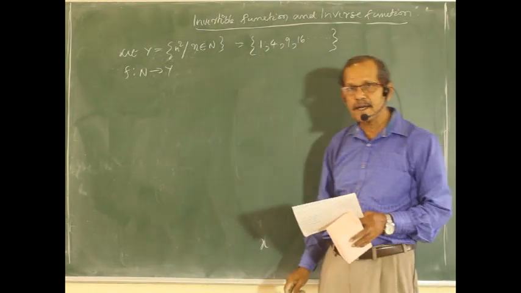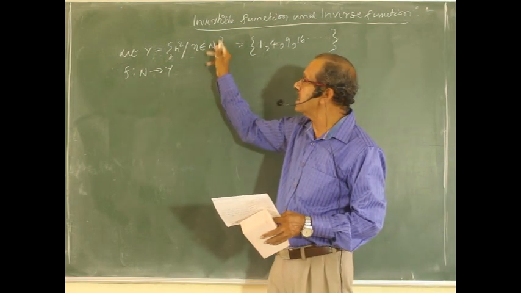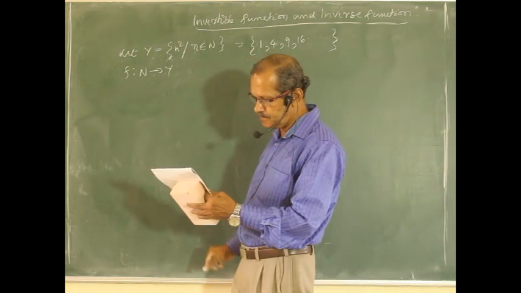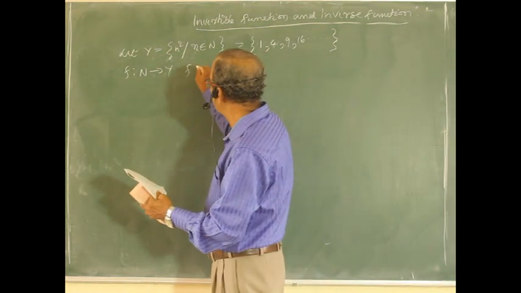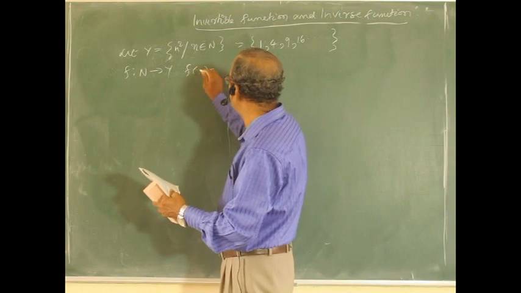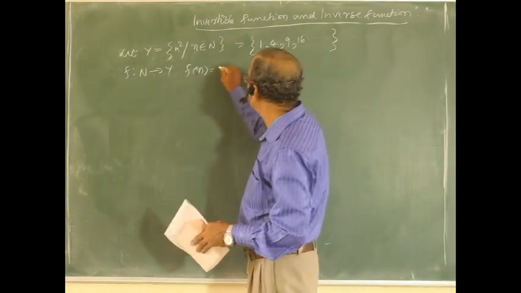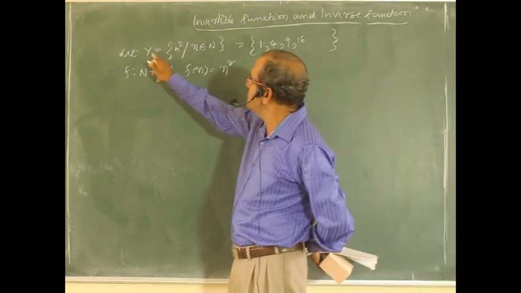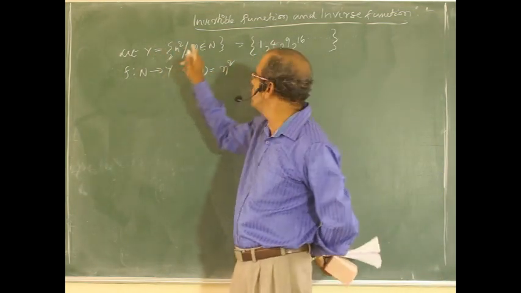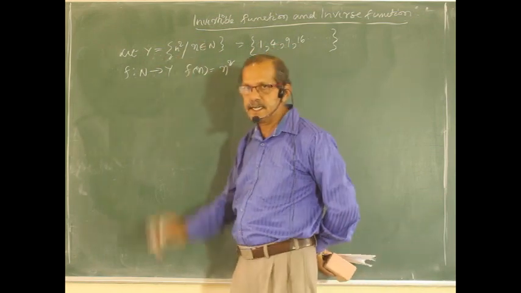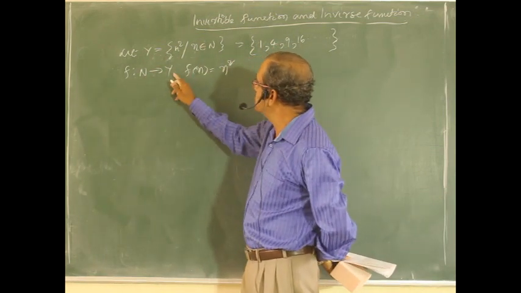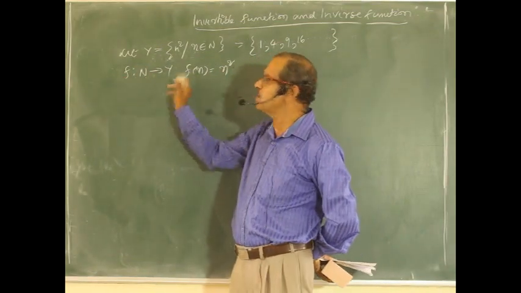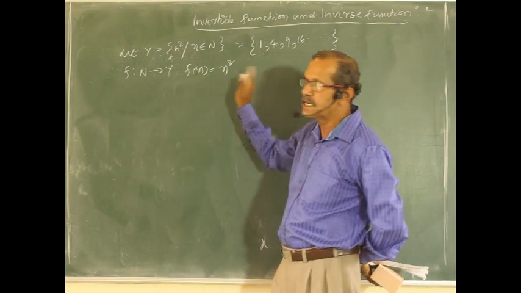Only perfect square numbers, taken from the natural number set. F of n equal to n square. Y is the set of perfect square numbers only: 1, 4, 9, etc. N is the set of all natural numbers. Define the function F from N to Y such that F of n is n square.